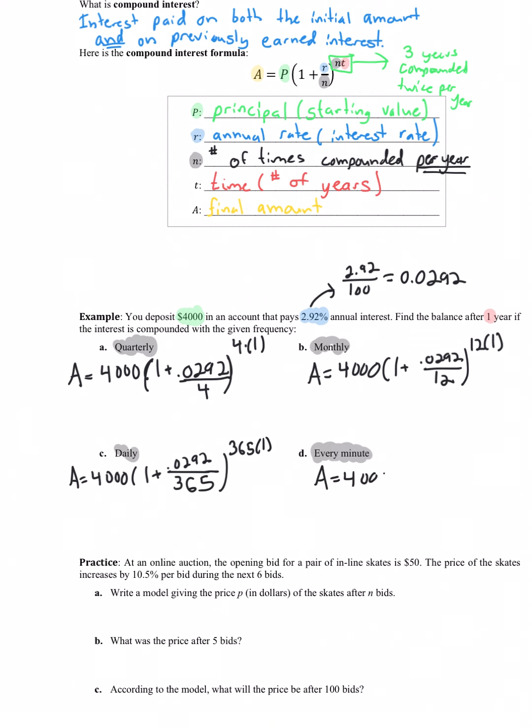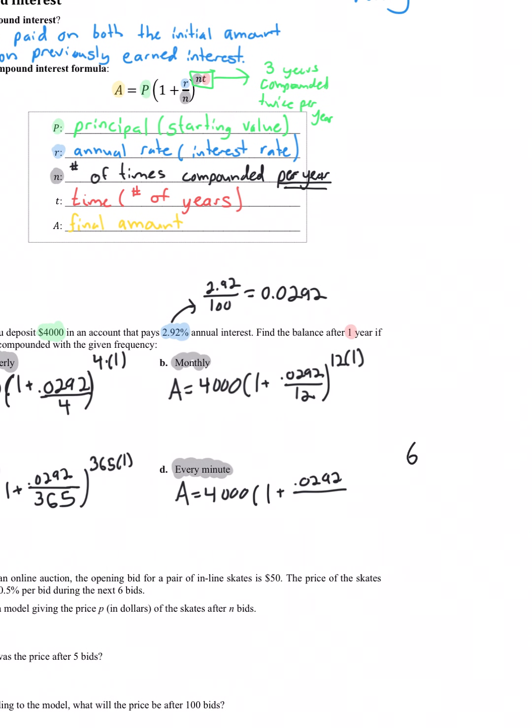And then the last one's a little tricky because it says every minute. So if you want to do minutes, there's 60 minutes in 1 hour, and 24 hours in 1 day, so 60 times 24. That'll give you the number of minutes per day, times 365 days in the year. That's how we'd find the number of minutes.